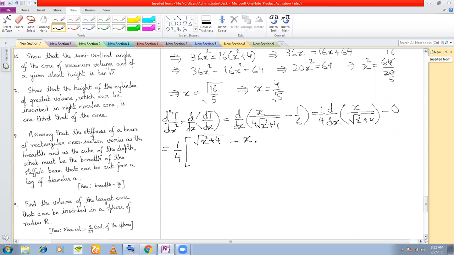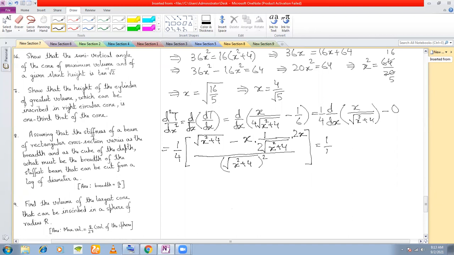How do you differentiate root over of x square plus 4? First you differentiate the radical, and then you differentiate what is within the radical. Okay, divided by v square. v square here is root over of x square plus 4 whole square.